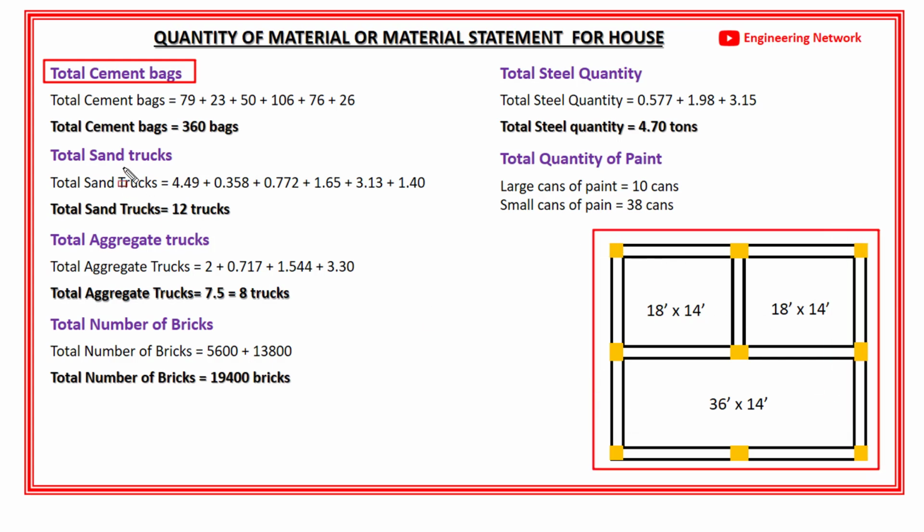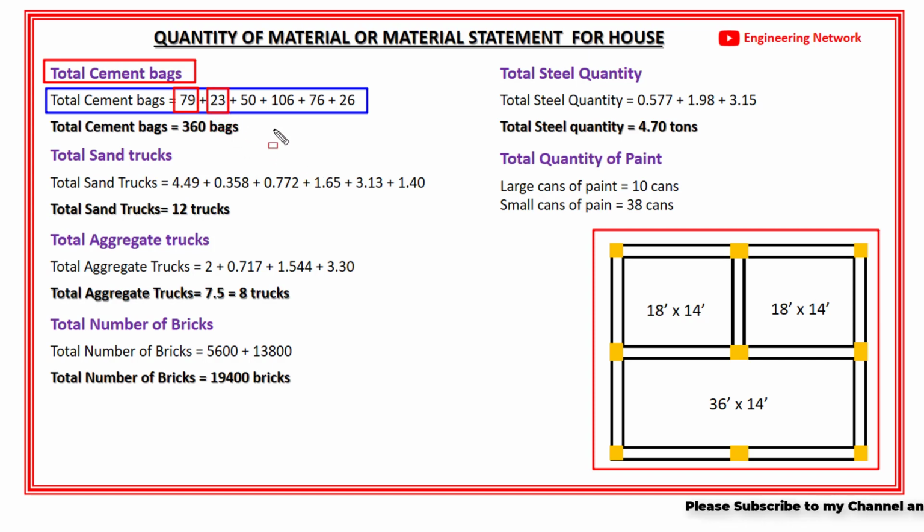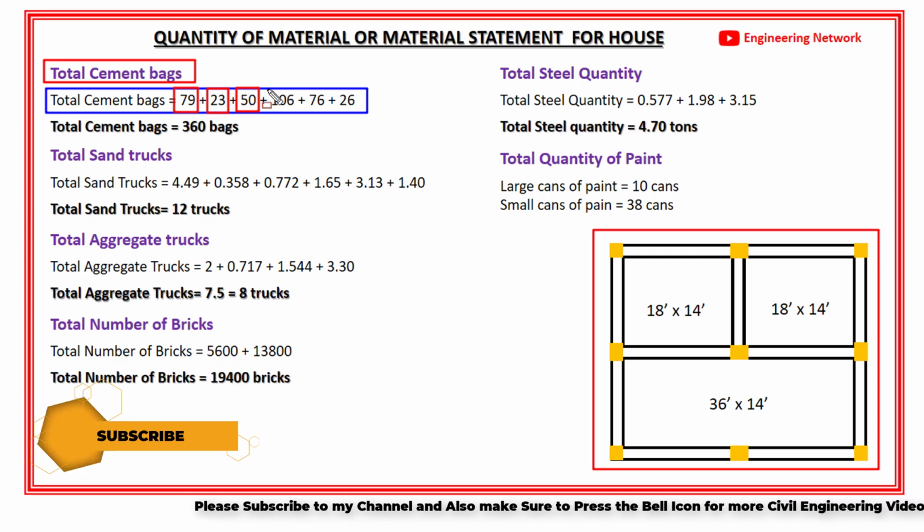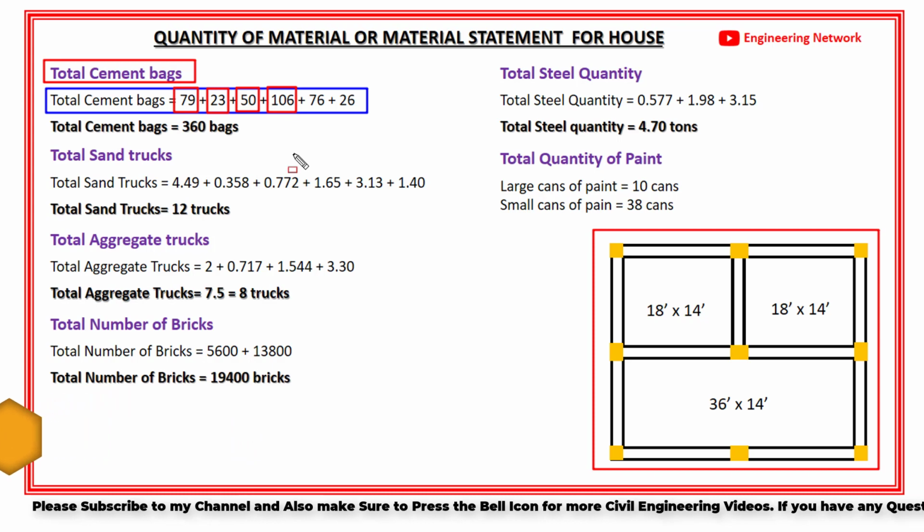The total number of cement bags is equal to the number of cement bags in PCC, mortar for brickwork in foundation and in DPC, which is 79 cement bags, plus the number of cement bags in columns, which is 23, plus the number of cement bags in beams, which is 50, plus the number of cement bags in slab, which is 106, plus the number of cement bags in mortar for brickwork in superstructure, which is 76, plus the number of cement bags in plaster, which is 26 cement bags.